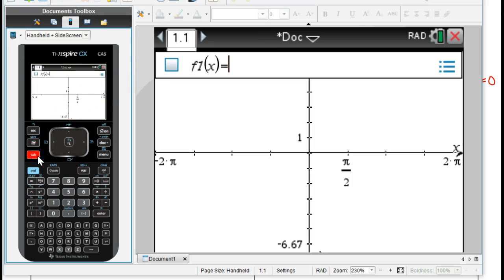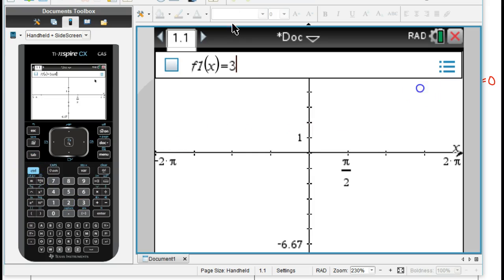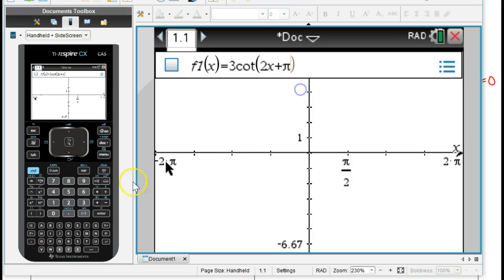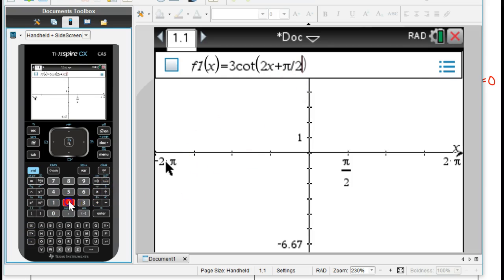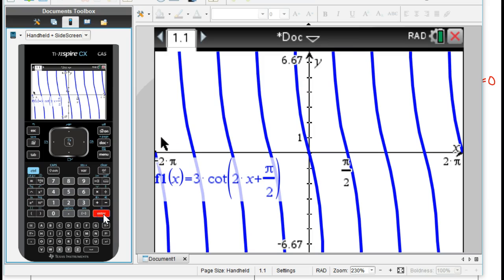So for this graph, we have y, or f of x, equals 3 times the cotangent of 2x plus pi over 2. And then I have no vertical shift, so it's plus 0. Go ahead, grip it and rip it, and there's our graph.